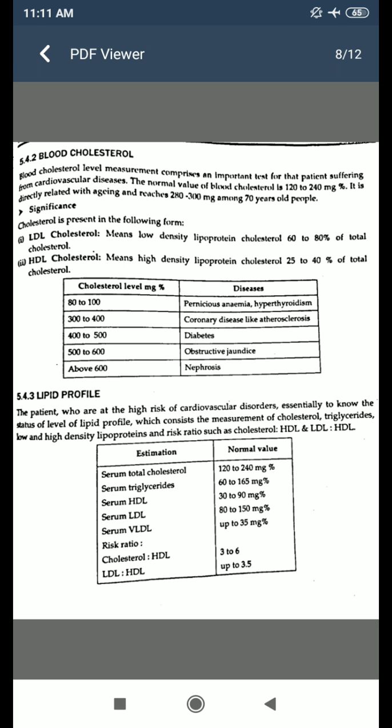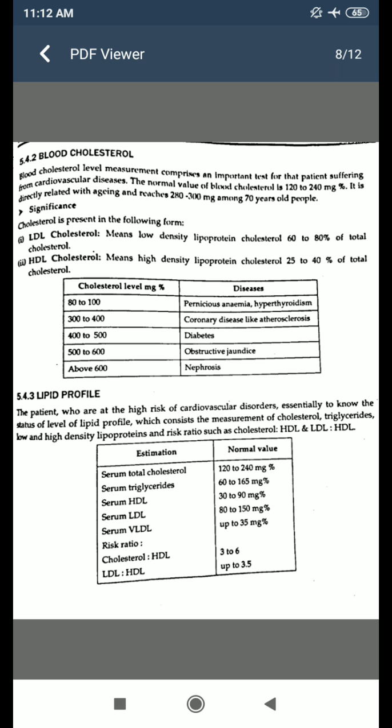Then cholesterol level in mg percent and disease: 80 to 100, pernicious anemia and hyperthyroidism. Then 300 to 400, coronary disease like atherosclerosis. Then 400 to 500, diabetes. Then 500 to 600, obstructive jaundice, and above 600, nephrosis.